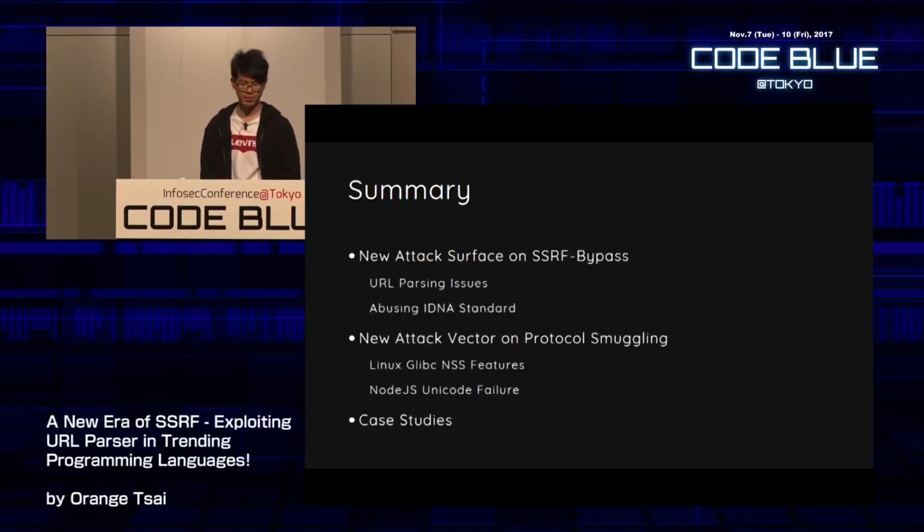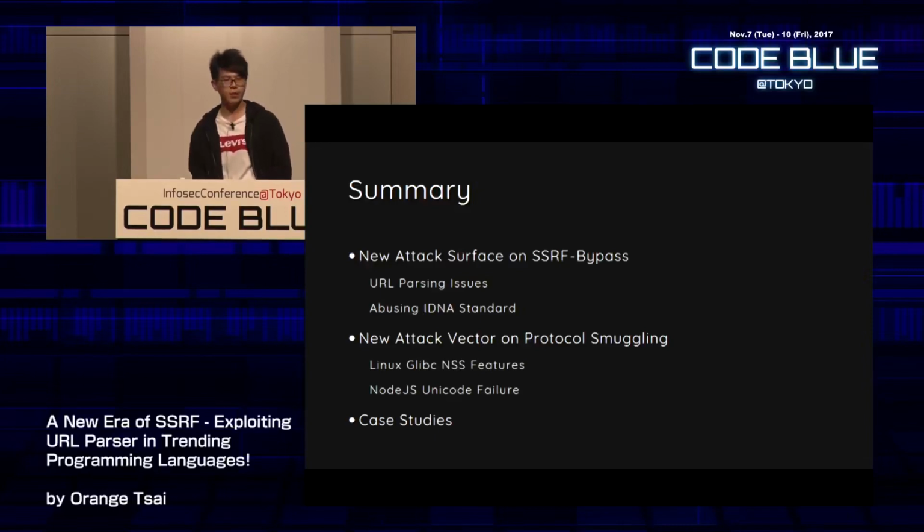Okay, summary. First, we introduce a new attack surface on SSRF bypass, including the issues on URL parsers and the inconsistency in the IDNA standard. Second, a new attack vector on protocol smuggling.